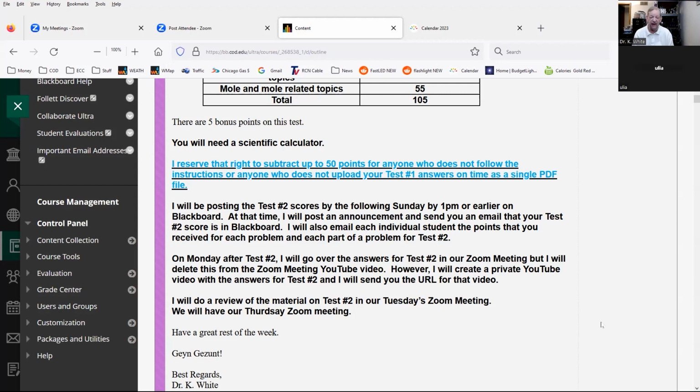I will also email each individual student, just like I did for test number 1, the points you receive for each problem and each part of a problem on test 2. Now, on the Monday after test 2, which I think is the 17th, I will go over the answers for test number 2 in our Zoom meeting, but I will cut it out from the Zoom meeting YouTube video.